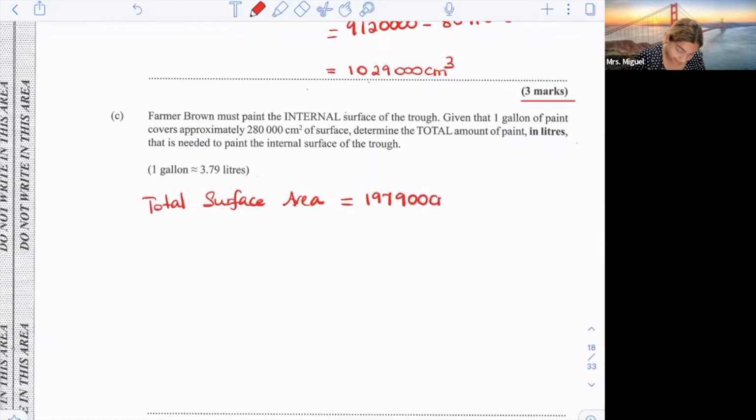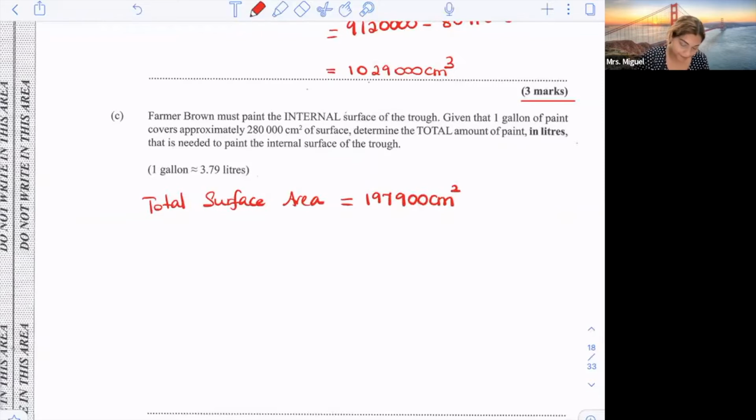The area is 197,900 centimeters squared. 1 gallon of paint covers 280,000 of surface. Determine the total amount of paint.